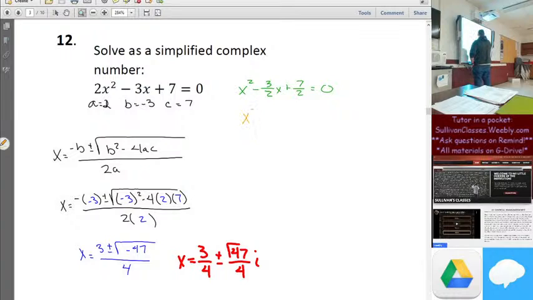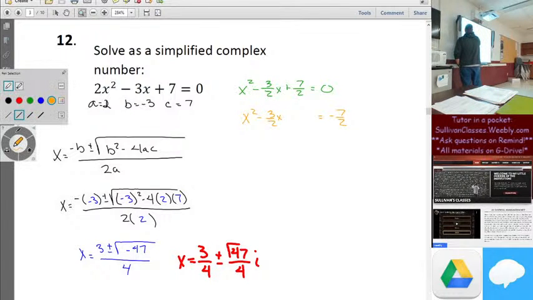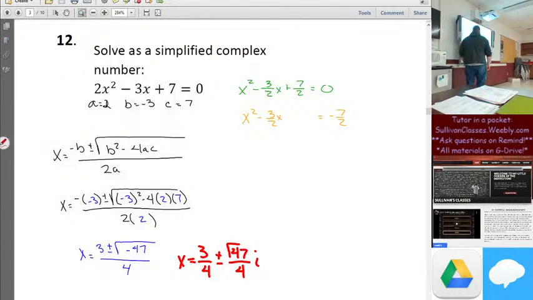I'll turn that into x squared minus 3/2 x is -7/2. I'll complete the square by adding b over 2 squared to both sides. b, right now, over 2 squared.